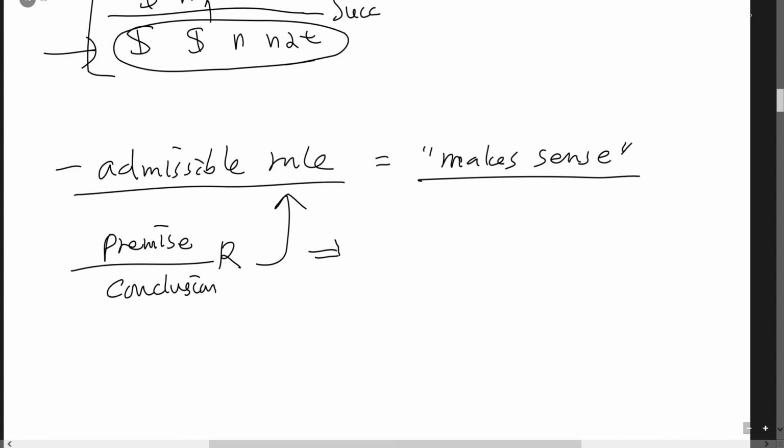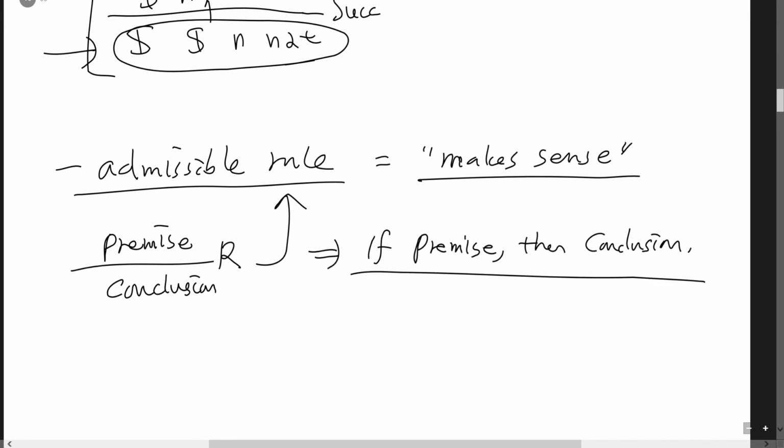So what that means is that if the premise holds, then the conclusion holds. That's all. If you can somehow show that the premise always implies the conclusion, you can justify this rule as an admissible rule.